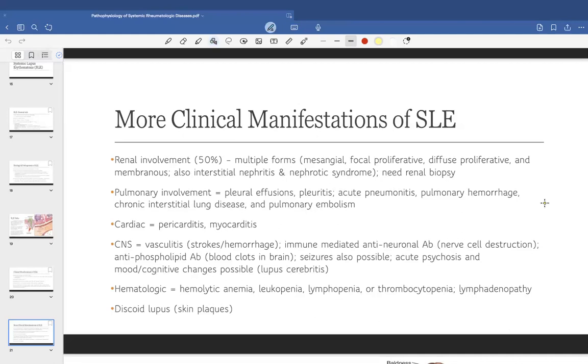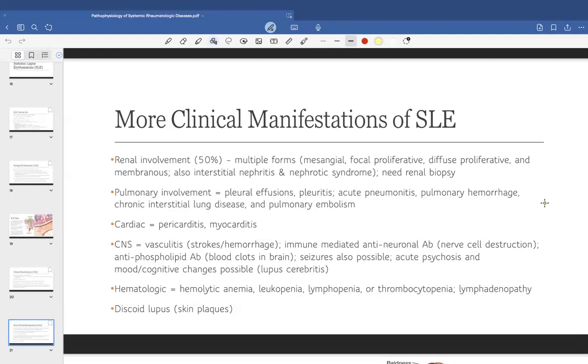If you start to see alterations in their GFR, this is when you want to refer them to a nephrologist and let the nephrologist determine at what point to biopsy to determine what is going on with this kidney, what type it is, and if it's even related to the lupus. These patients are often on many medications, and the only way to really tell what's going on is to get that biopsy.